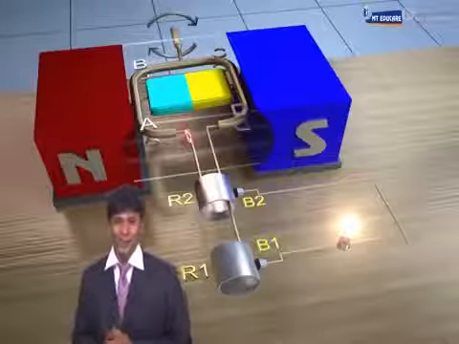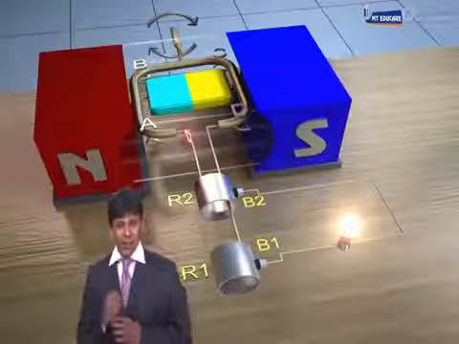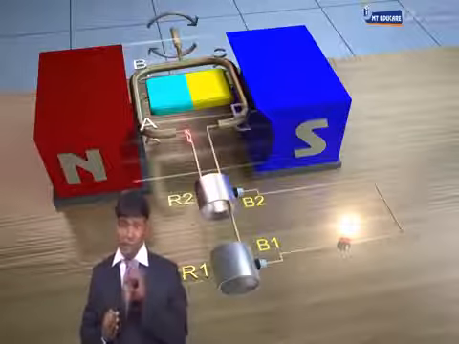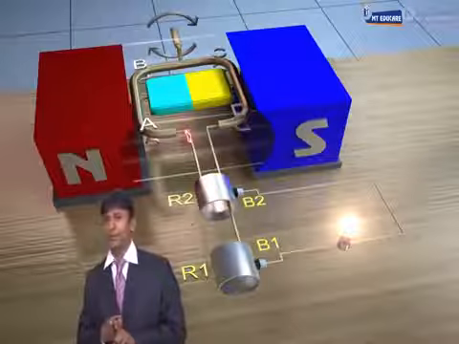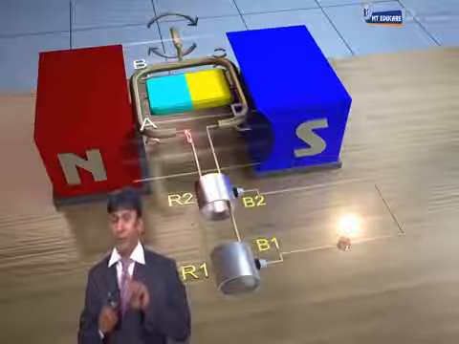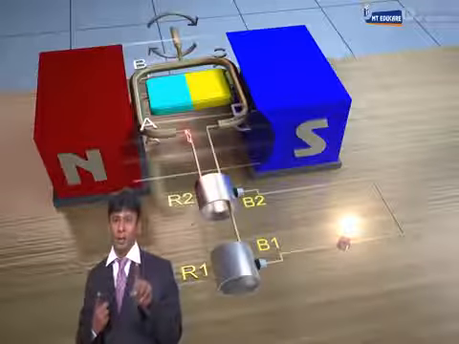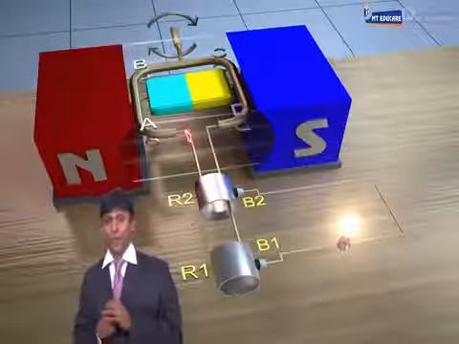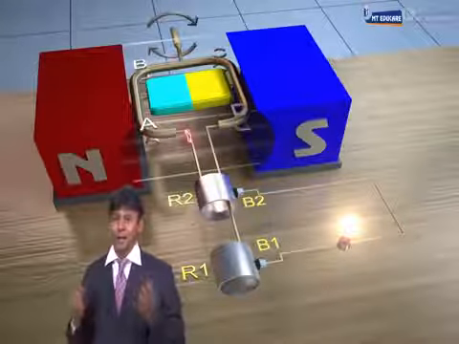Children, this answer of AC generator has 3 important points. So let us see the 3 important points of the working of AC generator, and I want you to remember these points. Let's see the 3 points very carefully. The first point is, when armature coil ABCD is made to rotate in the magnetic field, it cuts the lines of force, and the changing magnetic field creates an induced current.